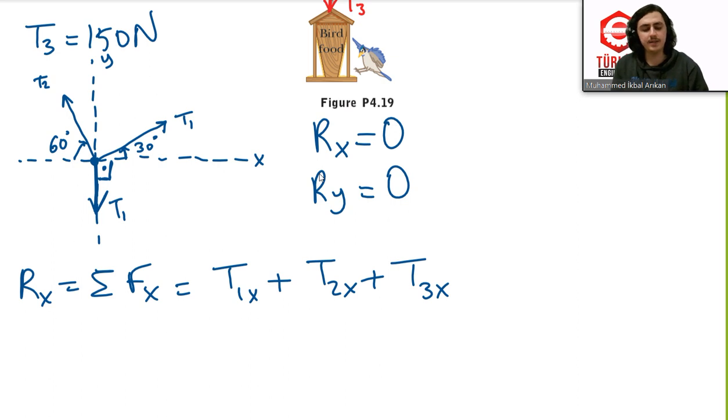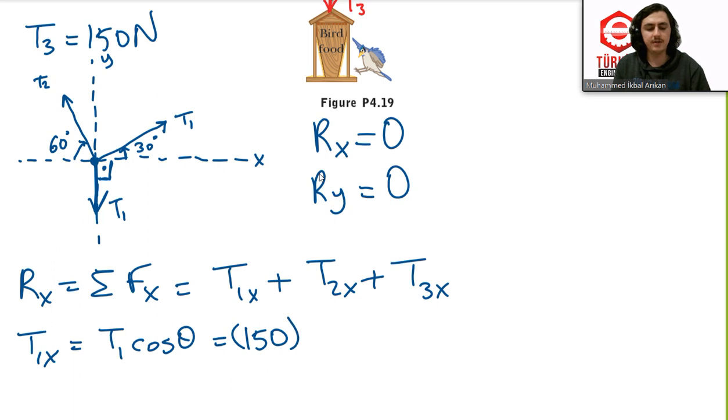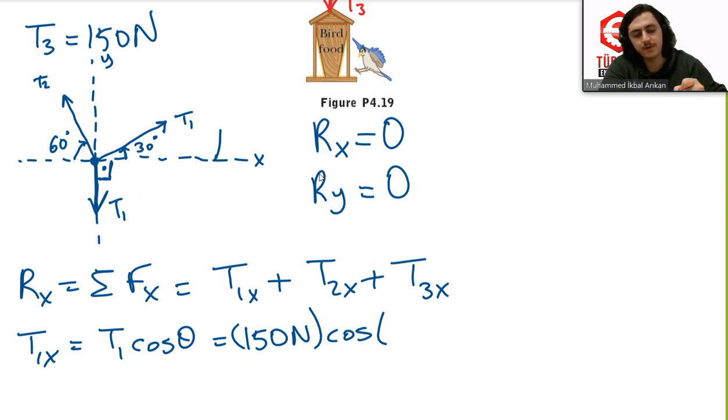Let's calculate T3x first. T3x will be equal to T3 cosine theta, and T3 is 150 Newton. But what about the angle? Our angle here is going in the clockwise direction, so it will be negative. If you are going up counterclockwise, you have a positive angle, but here I have a negative angle, so I will put minus 90.